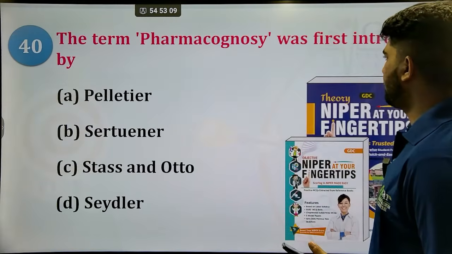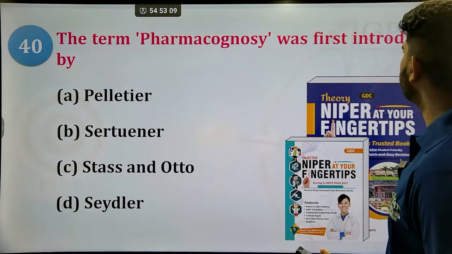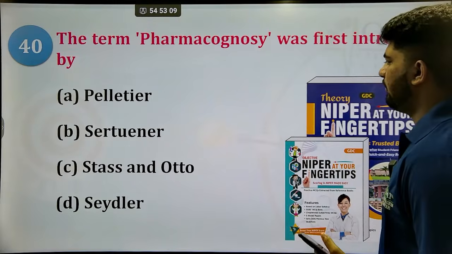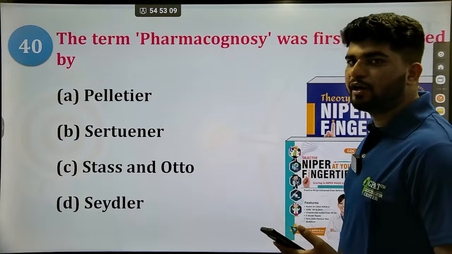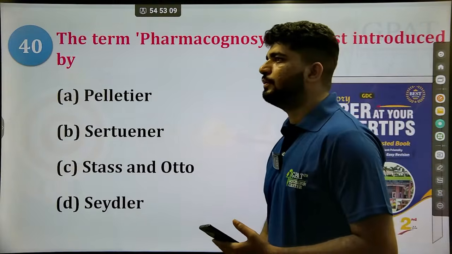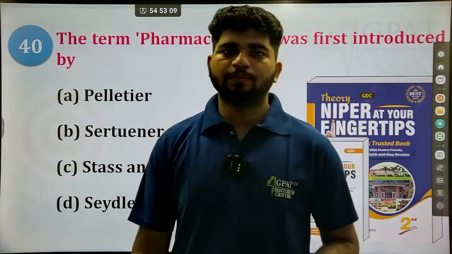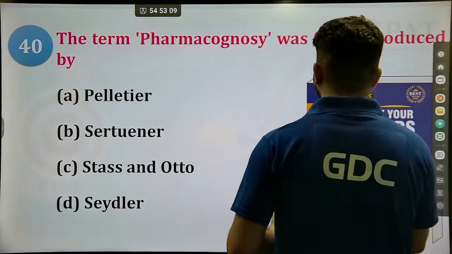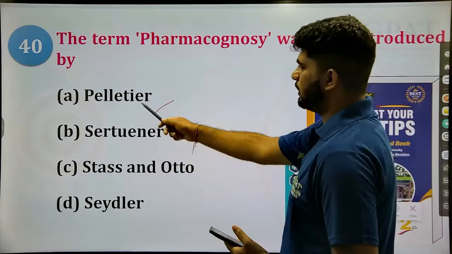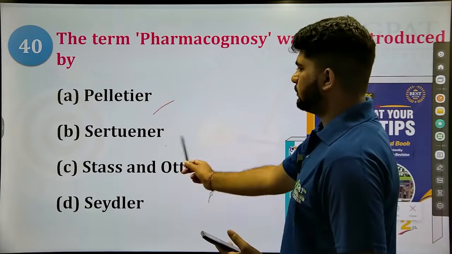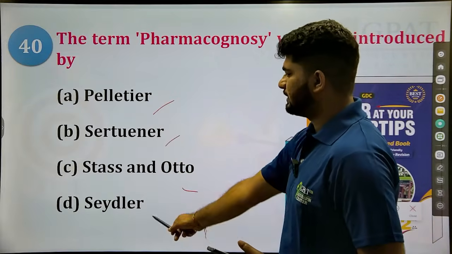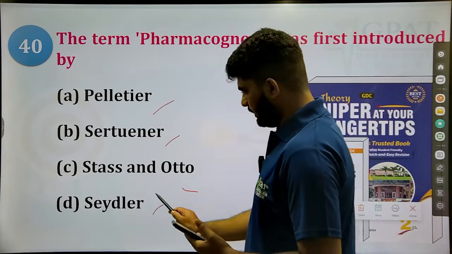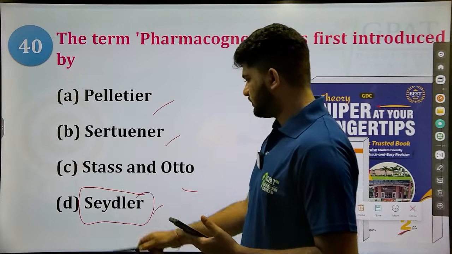The term pharmacognosy was first introduced in Analecta Pharmacognostica. Is it Pelletier, Sir Turner, Stasonotto, or C.A. Seydler? That's C.A. Seydler who coined it for the first time.